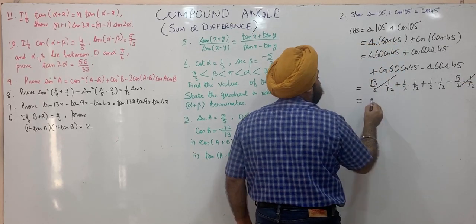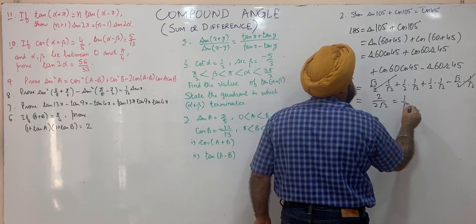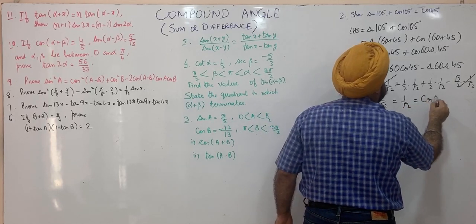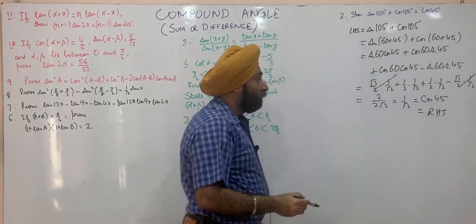This will cancel out. This will be 2 upon 2 root 2, 1 by root 2, which is same as cos of 45 degrees, or the right hand side. This is all.